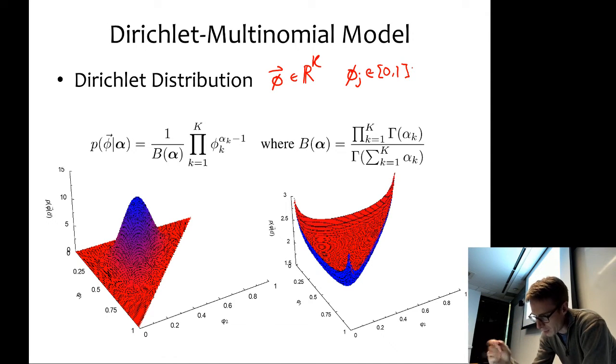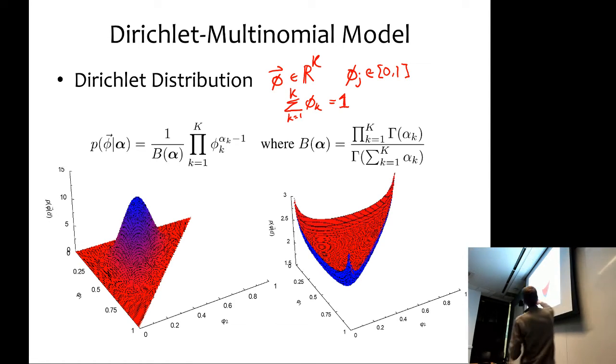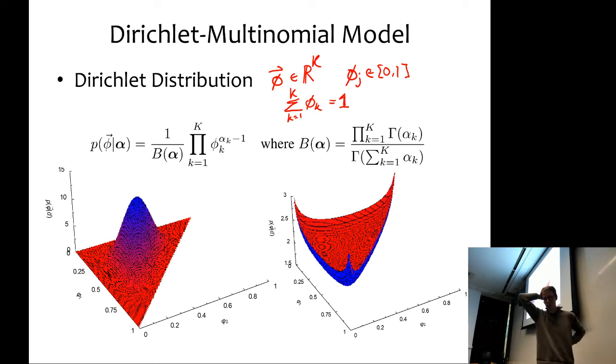And further, we have this property that the sum from k equals 1 up to capital K of phi_k is equal to 1. So this Dirichlet distribution is just 1 over that beta function times the product of phi_k raised to the power alpha_k minus 1.